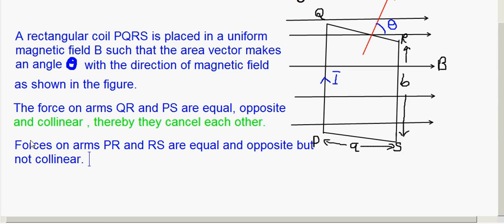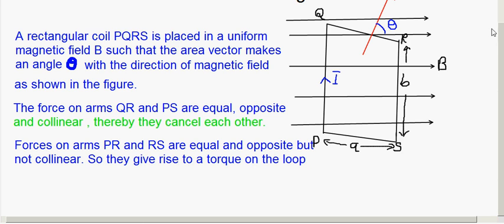So they give rise to a torque on the loop.